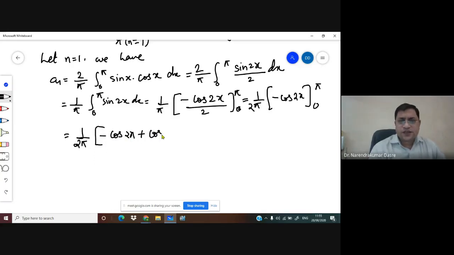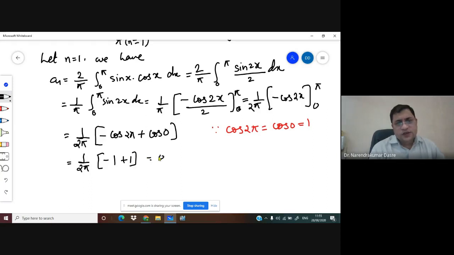We'll have minus minus plus cos of 0. So what we know? We know that cos of 2 pi is equal to cos of 0 is equal to 1. And hence, what we'll get here? 1 upon 2 pi minus 1 plus 1. So it is 0. So this was A1, and hence we got A1 is equal to 0. So this is your equation 4.